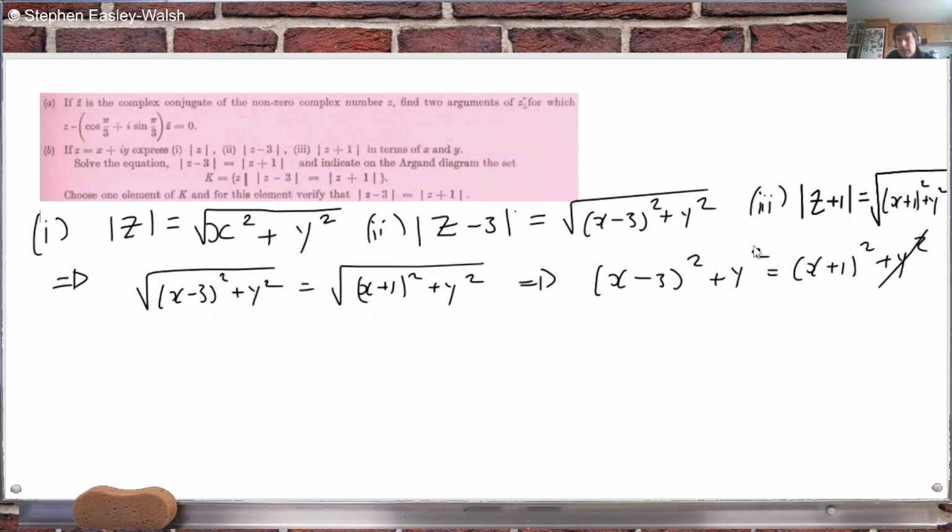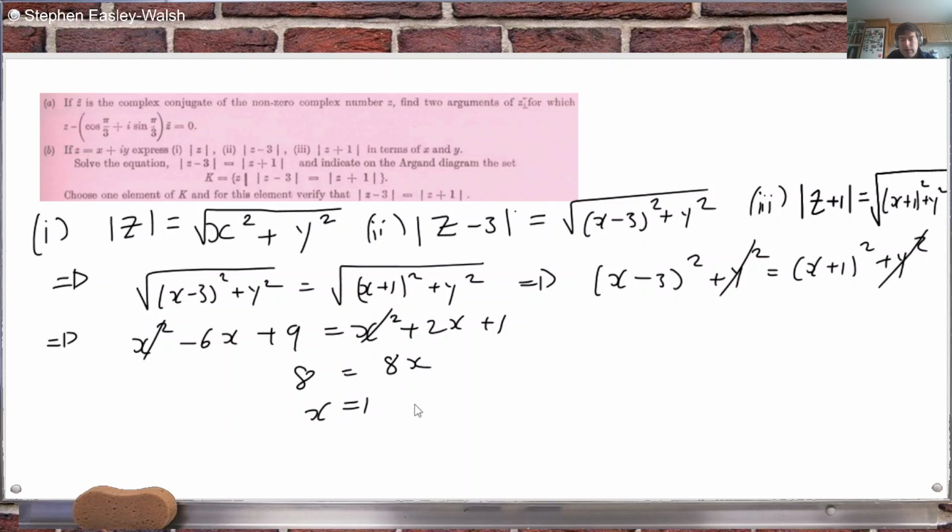Well, we can cancel the y squared, so we're left with a quadratic. But actually the quadratic will disappear. x squared minus 6x plus 9 equals x squared plus 2x plus 1. The x squareds cancel. You get 8 equal to 8x. So that means x is 1 and y can be any value.